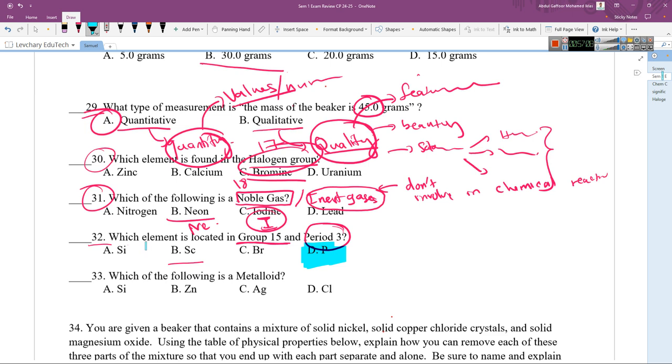Yes. Okay. So what are metalloids? So what's the answer for the third one? It'll be B. Is zinc a metalloid? No, A. Silicon is a metalloid, right?